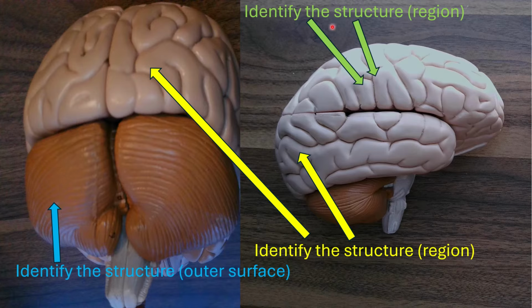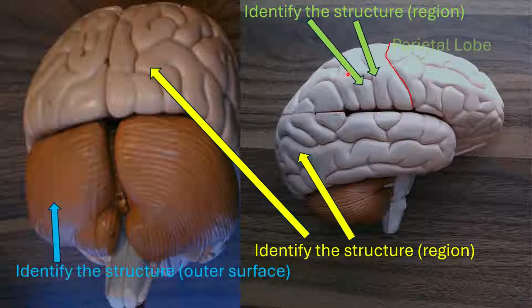Now the key wording here is region, and specifically we're looking at regions of the cerebrum. So think about the different lobes. First, let's identify that central sulcus again. Okay, so in front we have the frontal lobe, and then behind that we have the parietal lobe.